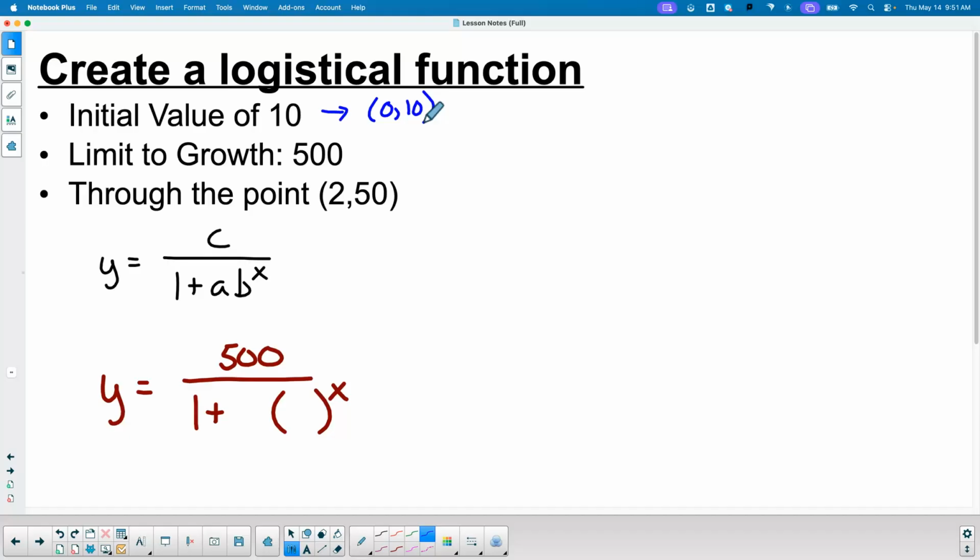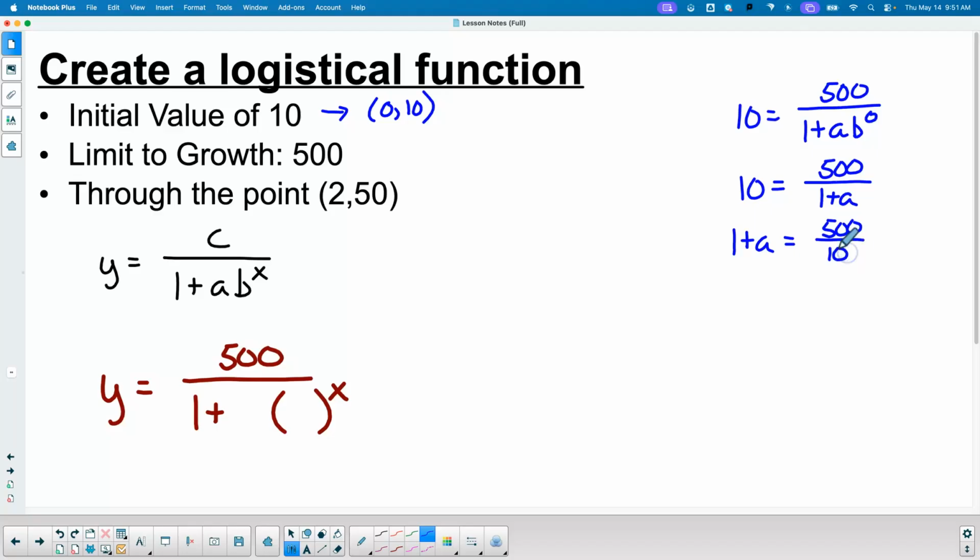So I can utilize that. My y value is 10. My limit to growth is 500. X is 0. B to the 0 power is 1. So that's just 10 equals 500 over 1 plus a. So 1 plus a is going to be 500 divided by 10, or 50. So I get an a value of 49.